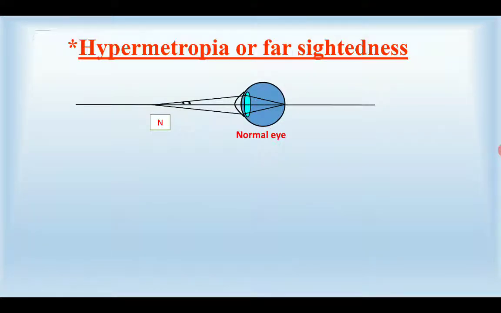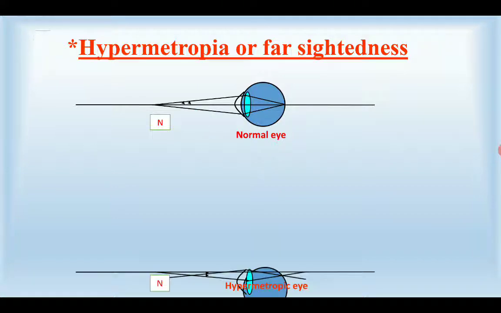So this is our normal eye. Whenever the object is placed near the normal eye, the light rays fall from this near point on the eye lens and the image is formed at the retina. So this is the case when the person is able to see the nearby object with a normal eye.